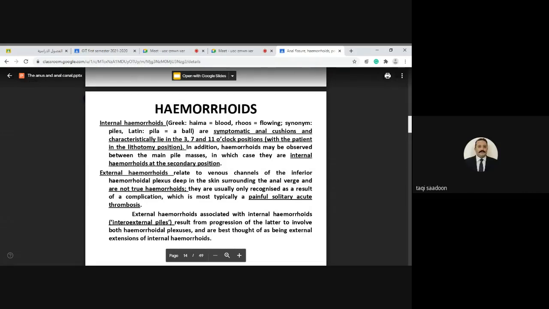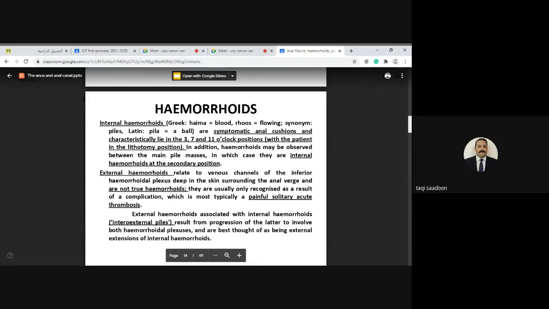This is regarding the anatomy, because we have the left inferior arteries on the left side, at 3 o'clock, and the right divides into anterior and posterior, at 7 and 11 o'clock. Internal hemorrhoids may be at the secondary positions. This is different from external hemorrhoid.